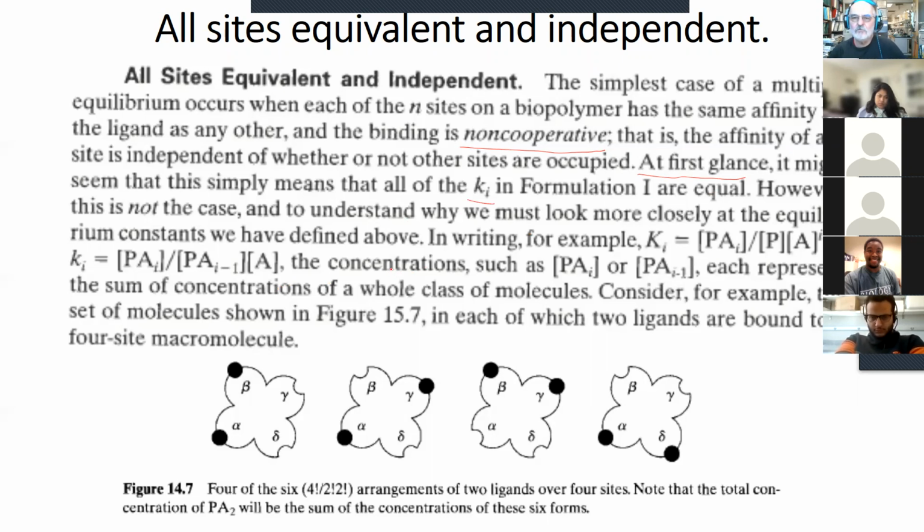Okay, and the reason for this comes up here in this explanation. When you write down Ki, large K, formulation 2, and you say that there are i ligands bound to the protein, or if you write it down as individual Ks, where it's something P_i going, or something P_(i-1) going to P_i, the point is that there are lots of different P_i's or lots of different P_(i-1)'s.